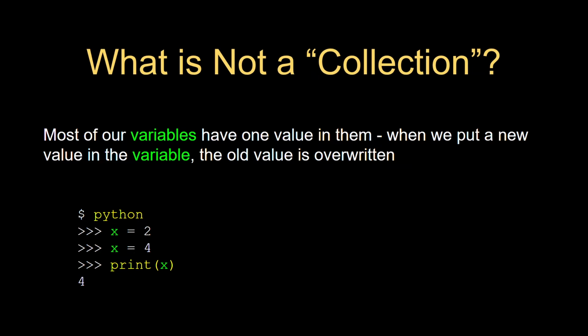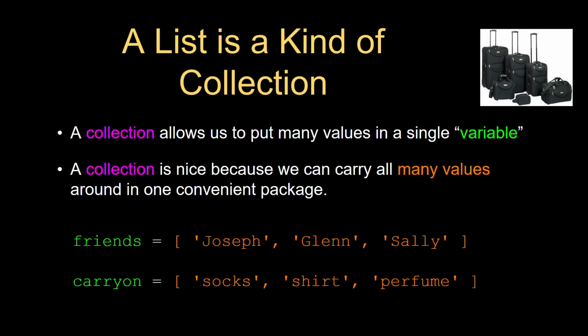So x can hold one value at a time. That's a variable. And of course the value can change, that's why we call it a variable. But the key difference is that a variable can hold just one value. On the other hand, some structures can hold multiple values. For example, a list can hold multiple values.